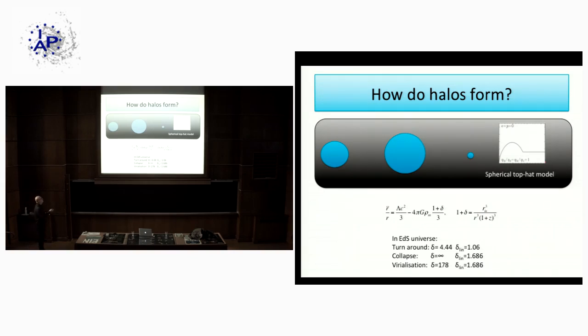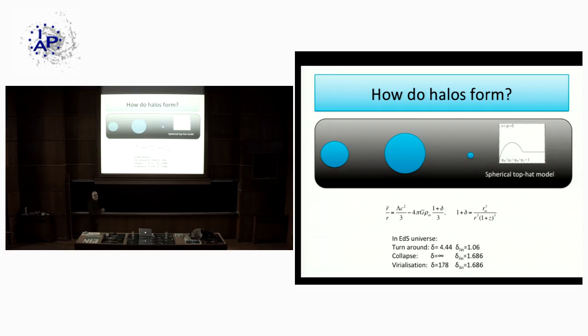Your initial sphere will expand, but the expansion will be slowed down by self-gravity if the overdensity is dense enough. It will reach a time at which the radius reaches its maximum, called the turnaround time, and will collapse afterwards.